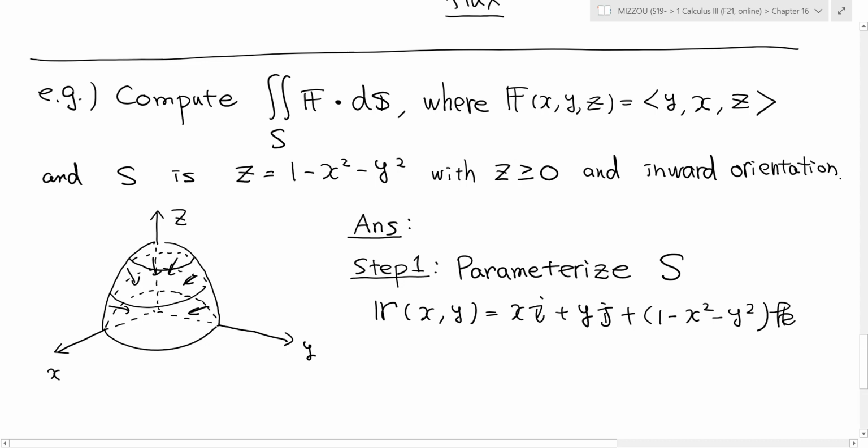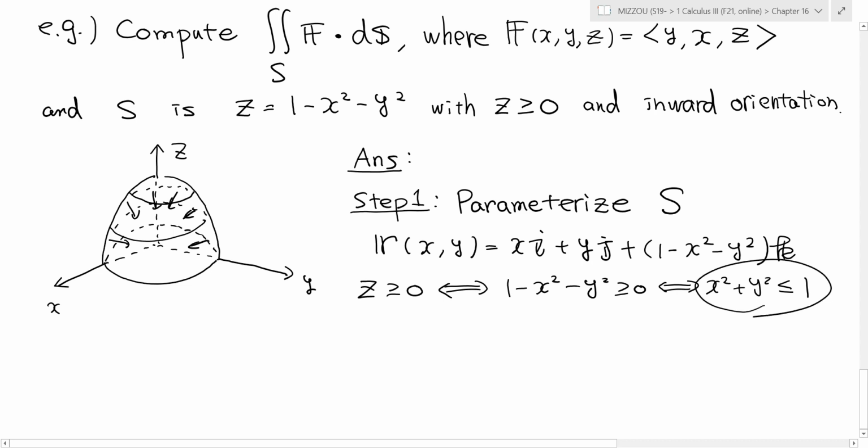But we have to work out the domain for the parameterization. As this says, z is bigger than or equal to 0. So we have to look at 1 minus x squared minus y squared bigger than or equal to 0, and that's the same as saying x squared plus y squared is less than or equal to 1. Indeed, this is on the xy plane, the disk with radius 1, that's this bottom portion. That bottom disk is the region where x and y can move around.